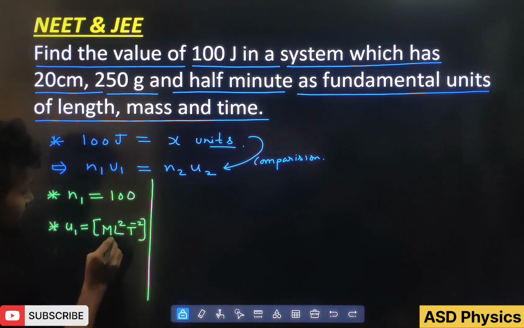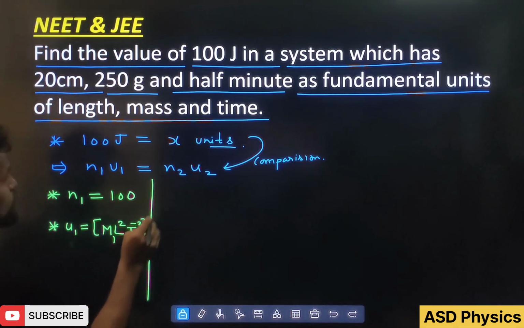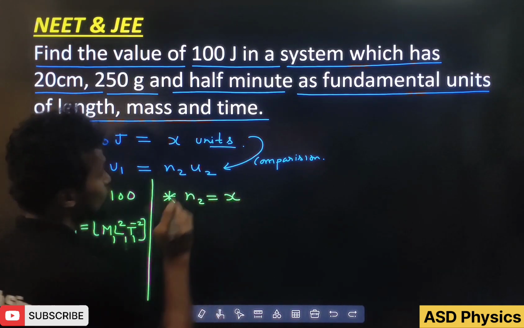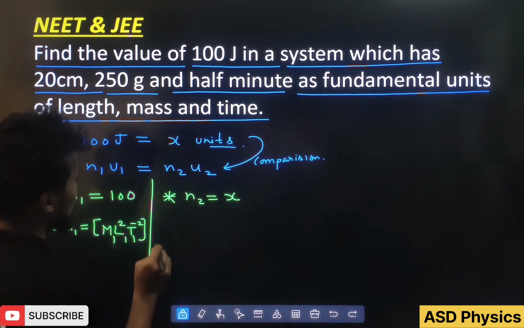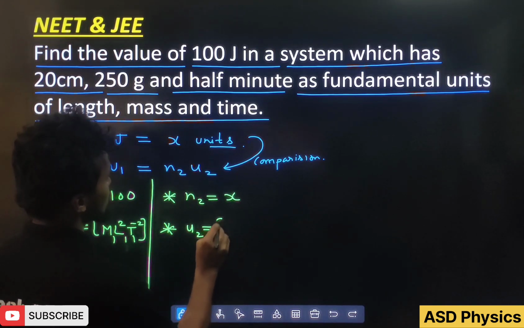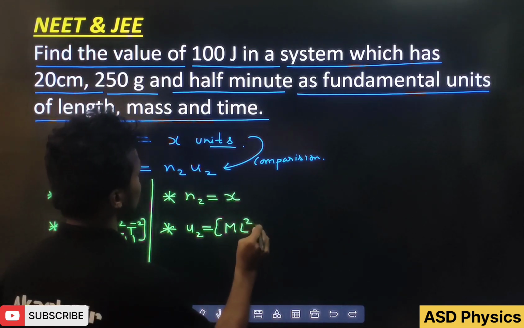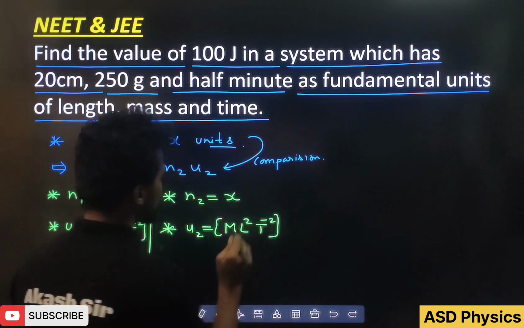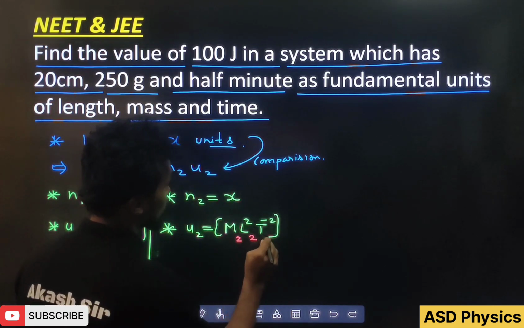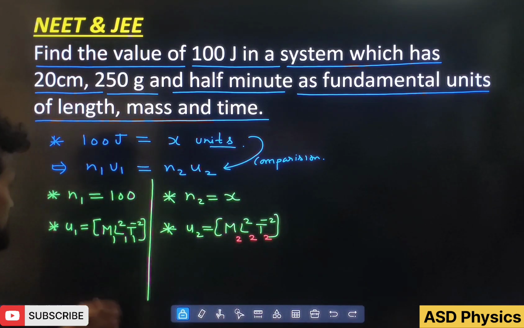And for this side, M1, L1, T1. Similarly, on the other side, N2 will be X. And U2, the dimensional formula in any system of units is the same, M L square T power minus 2, but this is another system of units, so I will write M2, L2 and T2. Okay, this one we have done.